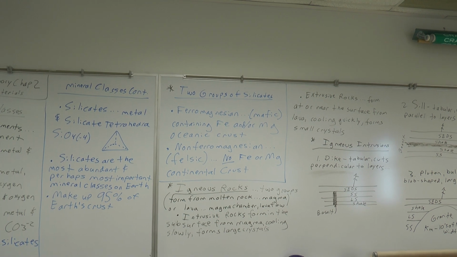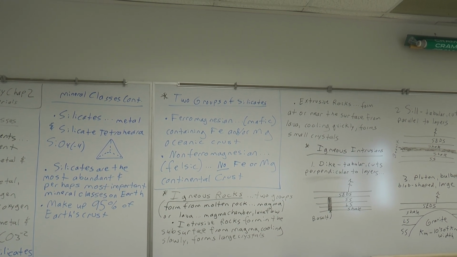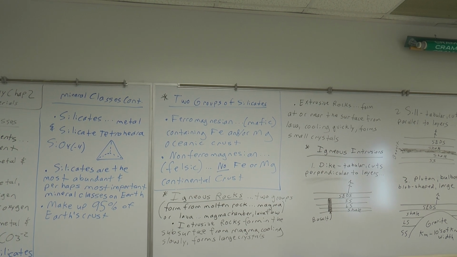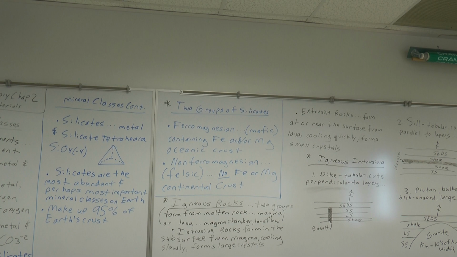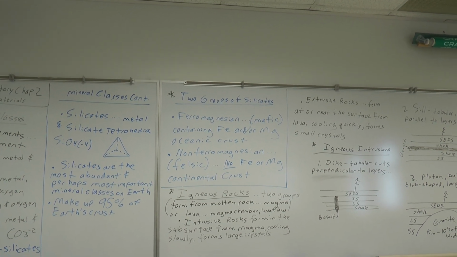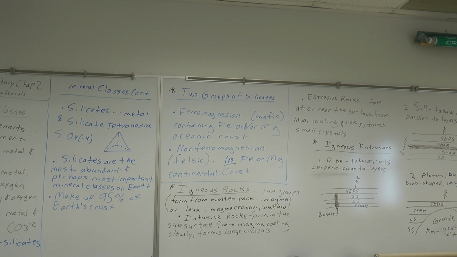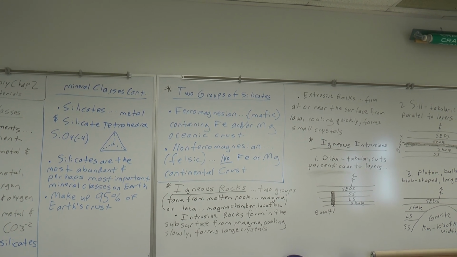So our continental crust, which is going to be granite, and I'm looking over at something I wrote for later. Okay. Yeah, anyway, our continental crust, which is mostly granite, is made up of non-ferromagnesian minerals. All right.